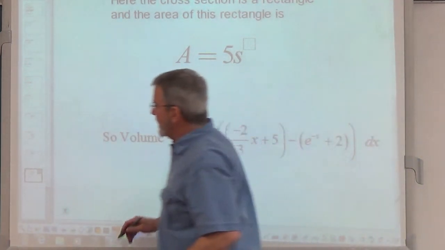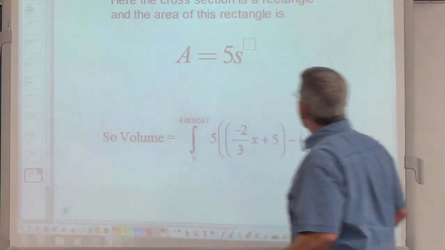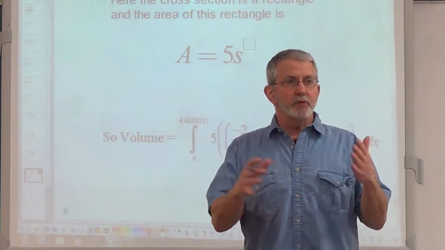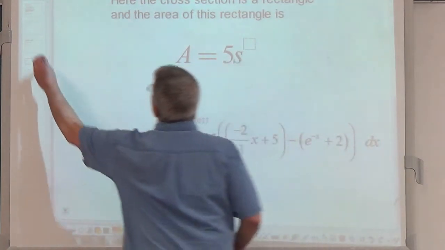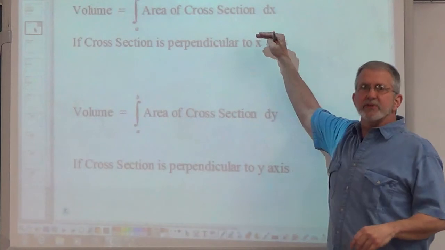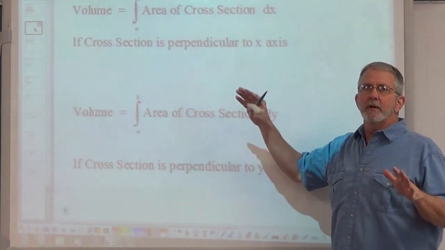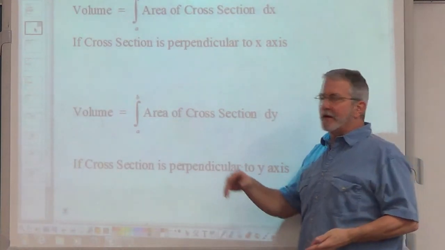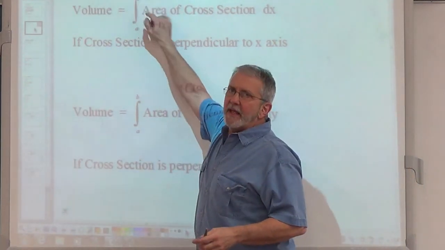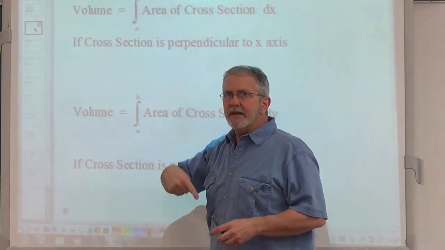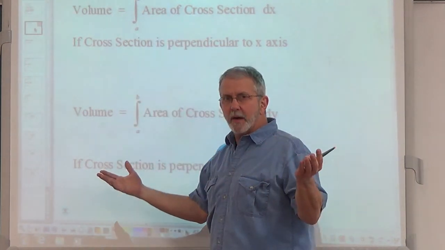I guarantee you, ladies and gentlemen, boys and girls, that on your AP test, for the last 5 years, they've been really going back to this original definition of a volume. The volume of anything is simply the integral from A to B of the area of a cross-section. If you're revolving it, it's going to be a circle, pi r squared.